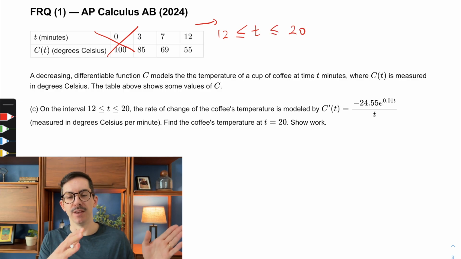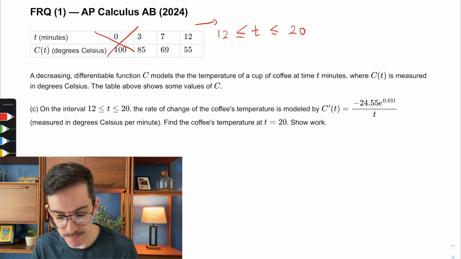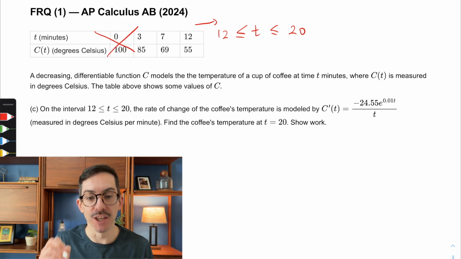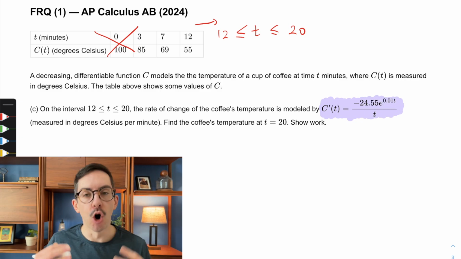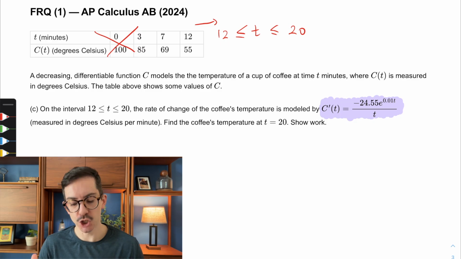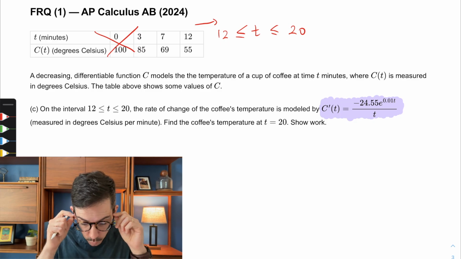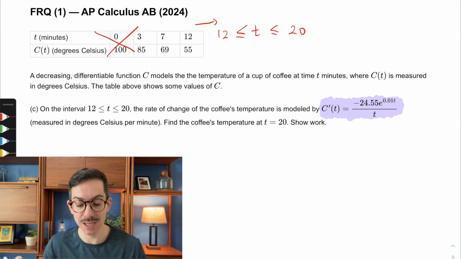So the 8 minutes after the table of values told us what was going on, we're now modeling the rate of change of the temperature using this formula here. So C prime, the derivative of the coffee temperature function, is given to me by this formula. And they simply are asking for me, at the end of those 8 minutes, when t is 20, what is the temperature of the coffee?